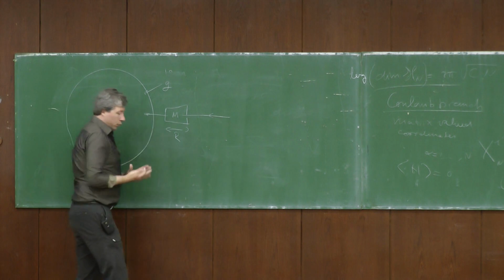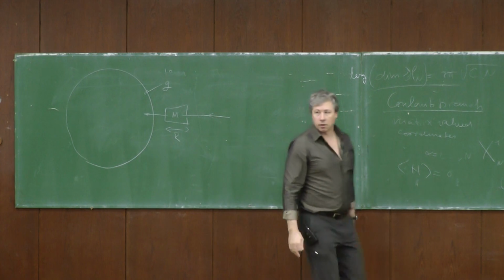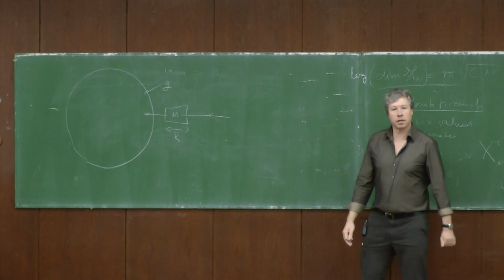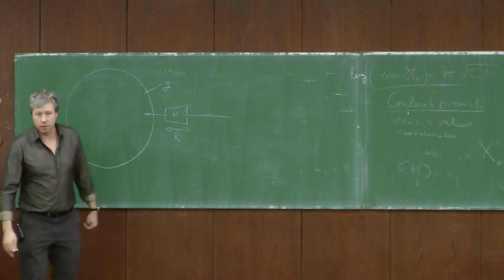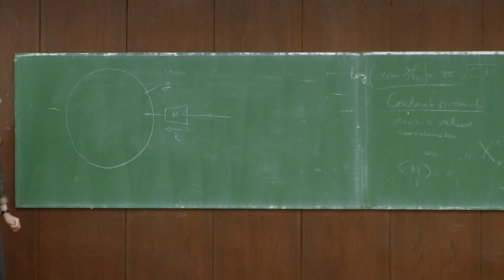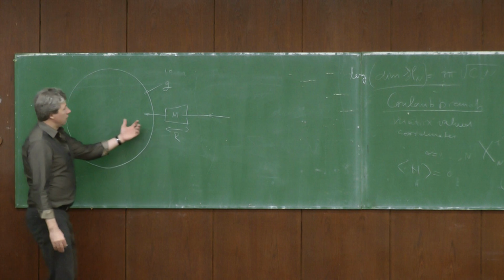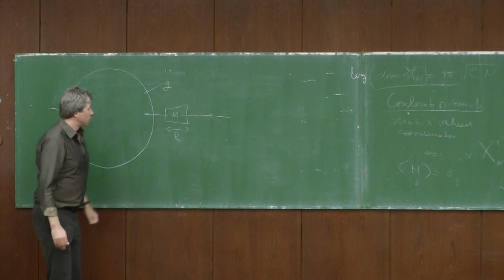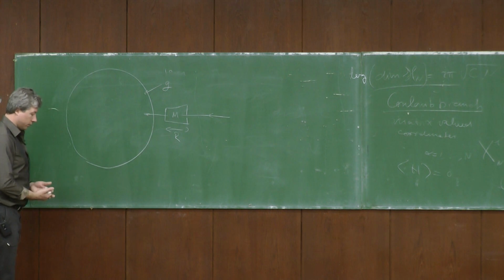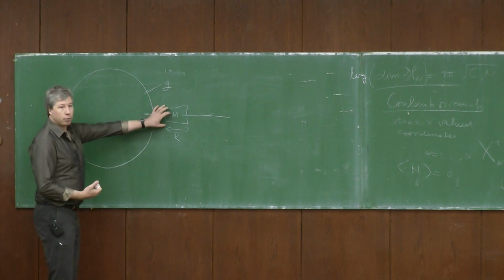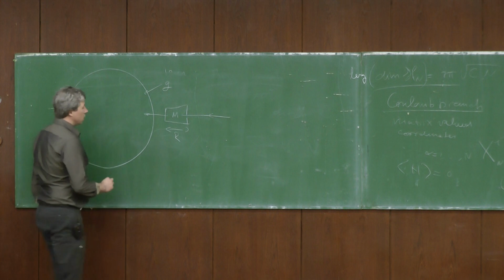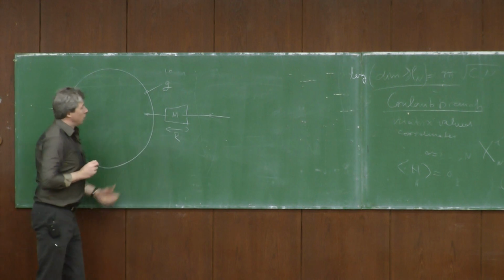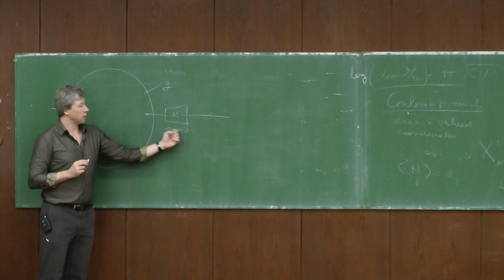Now, let me imagine putting the box very close to the horizon and then ask how much energy is still in the box. If you put a box on the horizon, it's totally redshifted and there's no energy in the box. So the energy that you put into the black hole by dropping the box in is equal to the amount of work that you do when you pull out the box precisely a distance r.